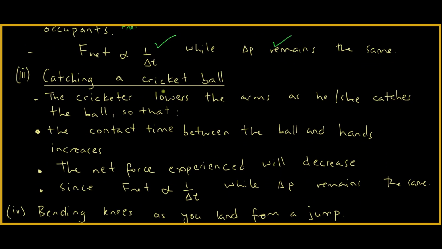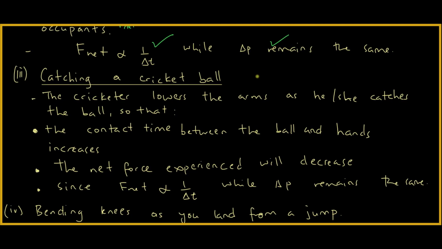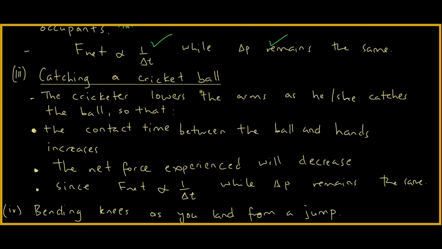Catching a cricket ball. Right. When someone throws something like a cricket ball or a heavy object towards you, what do cricketers do? They lower their arms as they catch the ball so that the contact time between the ball and the hands increases. They have to lower their arms as they receive the incoming object.